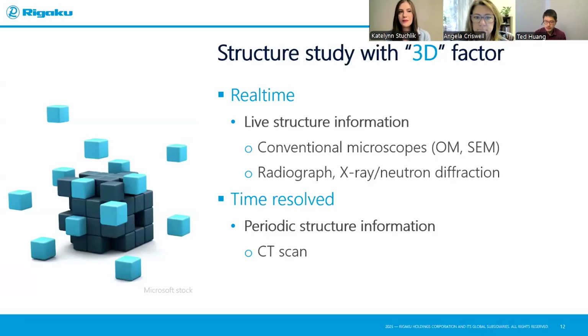Now, if you have to have 3D, the conventional tools like optical microscope and SEM, individually, they can give you 3D if you do FIB sectioning all the time, but then you destroy your sample. You cannot look at it anymore. You have to prepare a new sample. So you lose the real time, the time resolved aspect. For radiograph, you kind of get more than 2D, but it's overlap, not exactly a true 3D fashion.